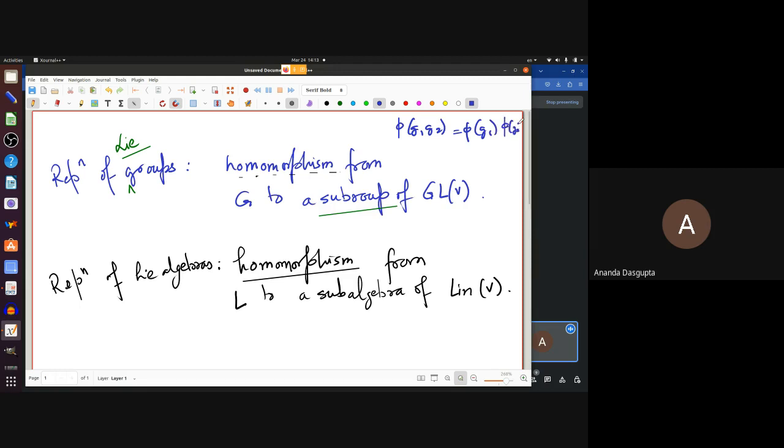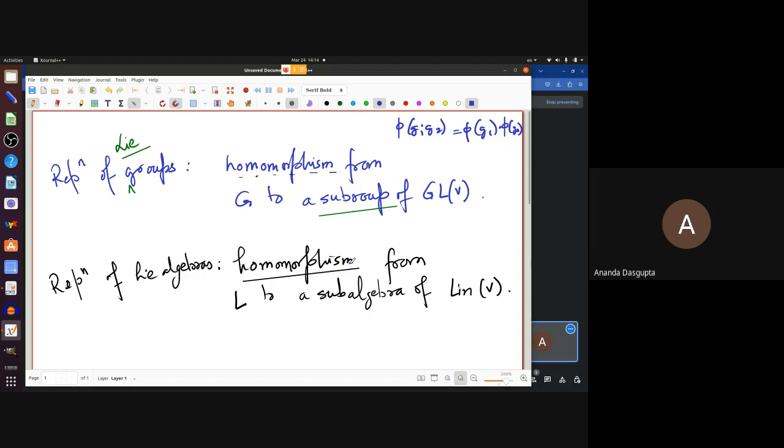And when we are talking about representation, phi G1, phi G2, and phi G1 G2 are all invertible square matrices. And this product here is simply matrix multiplication, whereas this product between G1 and G2 is a product in the original group. Of course, that's old stuff.